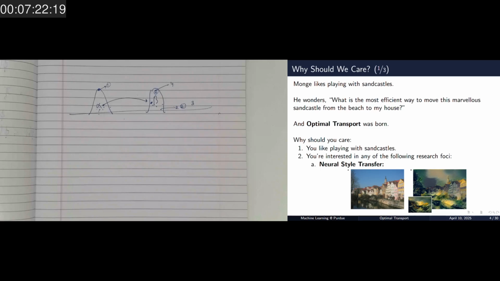So one application is neural style transfer. I have a reference image of this river and a bunch of houses, and I want to stylize it in the style of this art piece. The way you go about it is you compute a distribution of all of the colors. So you have RGB from 0 to 255, and you compute the distribution of colors present within this image, and also the distribution of colors present in this image.